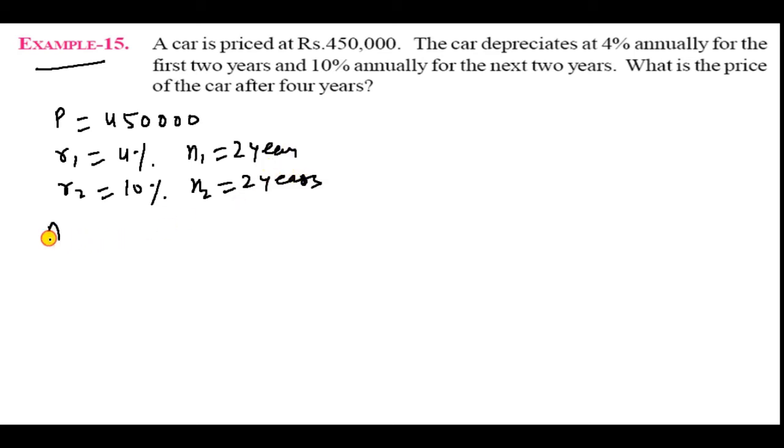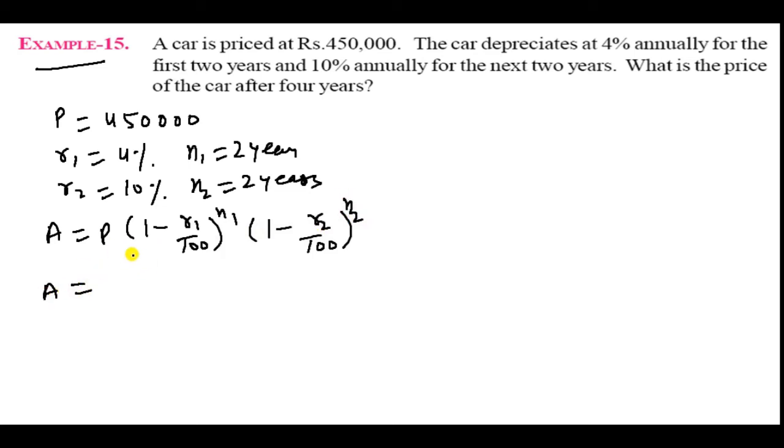So first, principal is given as 450,000 and R1 is given as 4% and N1 is equal to 2 years, and R2 is given as 10% and N2 is given as 2 years.